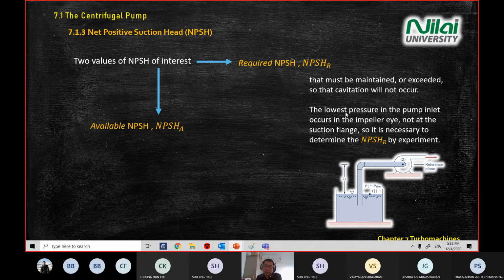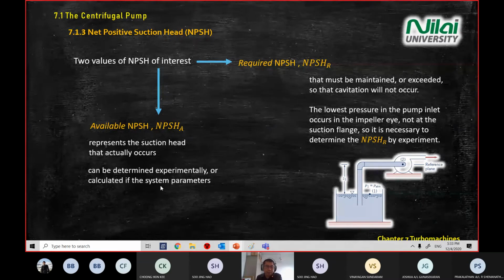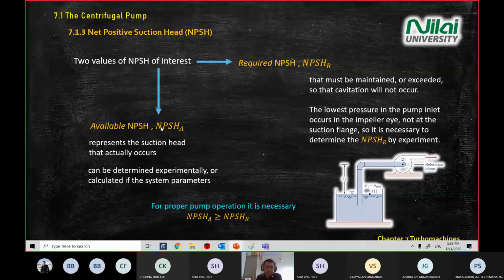Okay. Right. So available means what actually happened. So for proper pump operation, NPSHA, the available value, must be more than the required.